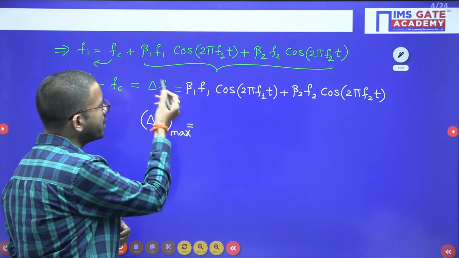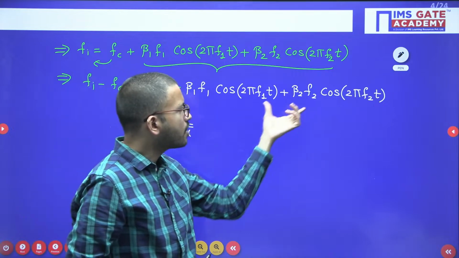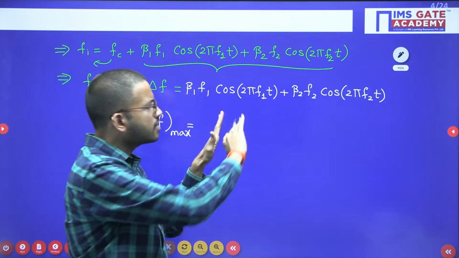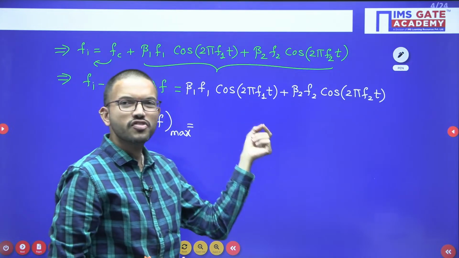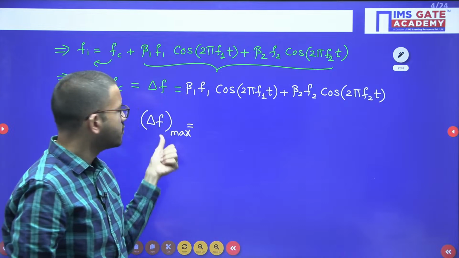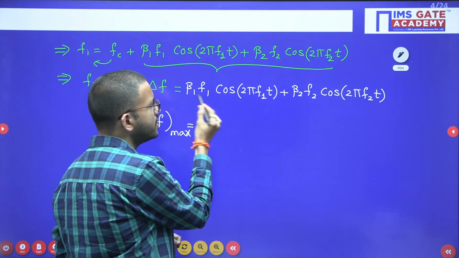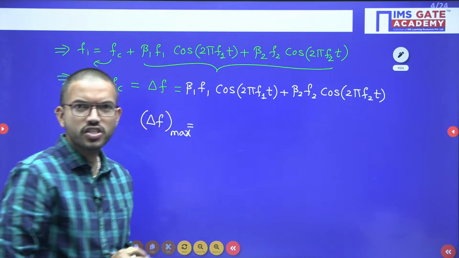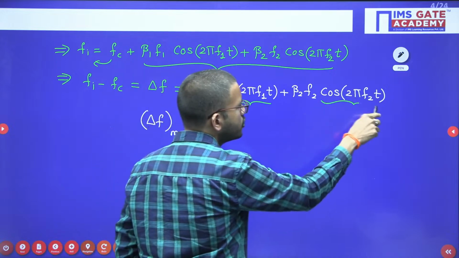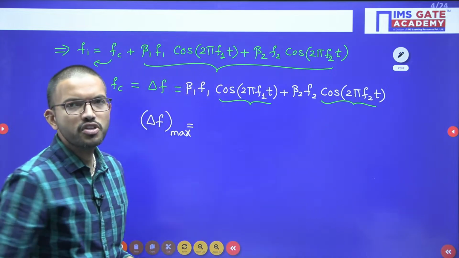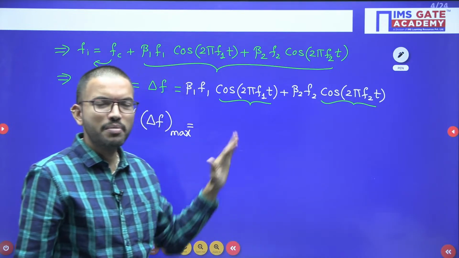So if you want to get delta f maximum, obviously here on the right hand side the sum of these 2 terms, if you are getting maximum, definitely you are going to get frequency deviation as maximum, correct? Now here if you observe beta 1 f1, beta 2 f2, those are like constants. Now here in this right hand side term, in both the terms you are having cos. So it is a function of time. With respect to time it is varying, right?